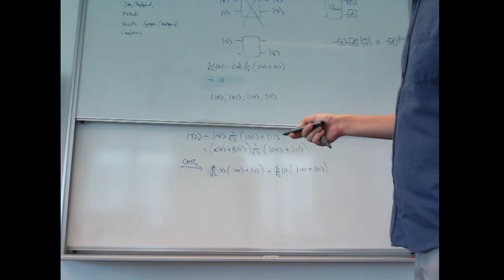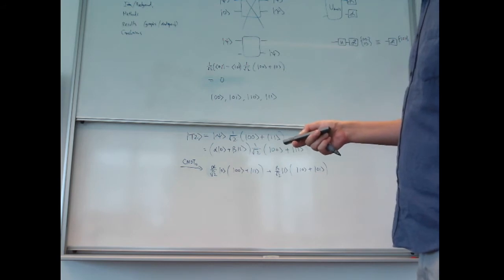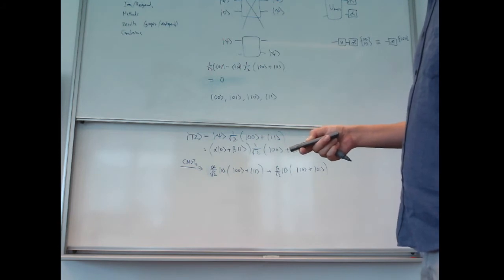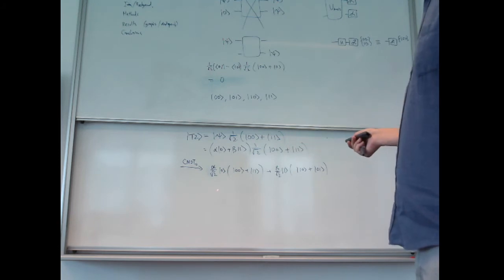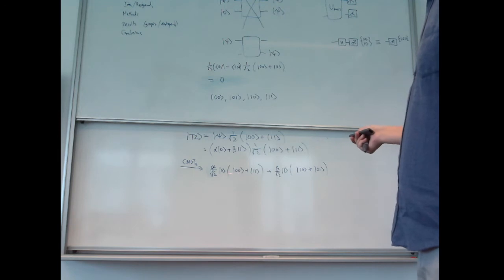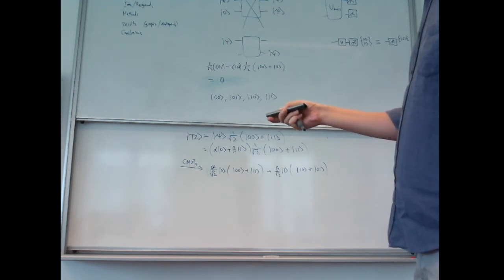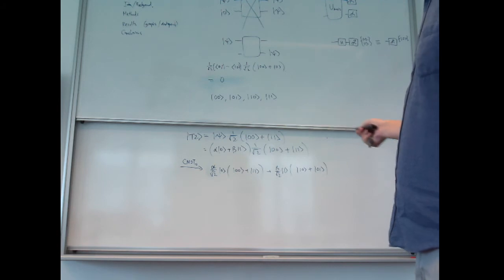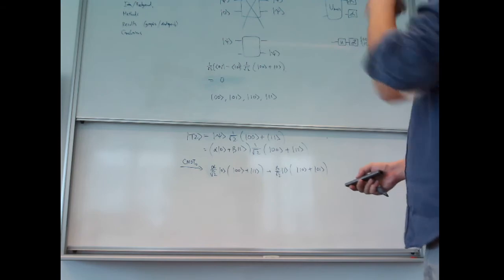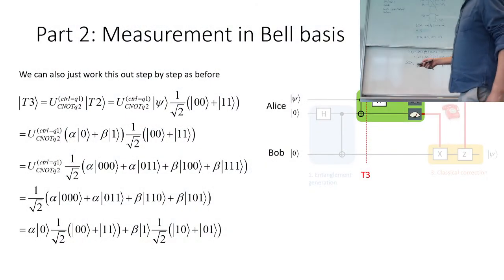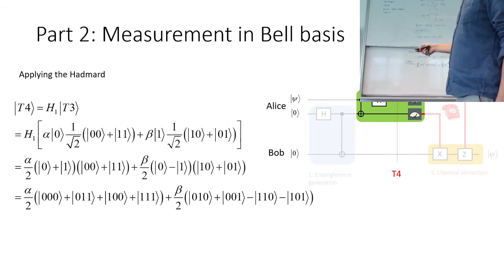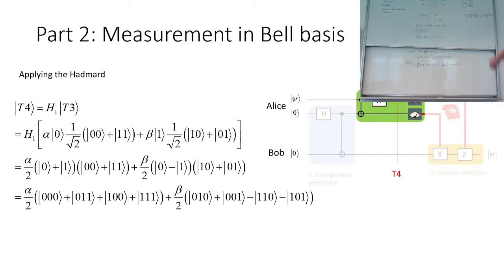And if you expand out what I just wrote here, you get 0, 0, 0 and 0, 1, 1. And this is 1, 1, 0 and 1, 0, 1. So it's the same. And now we want to apply a Hadamard gate on the first qubit.